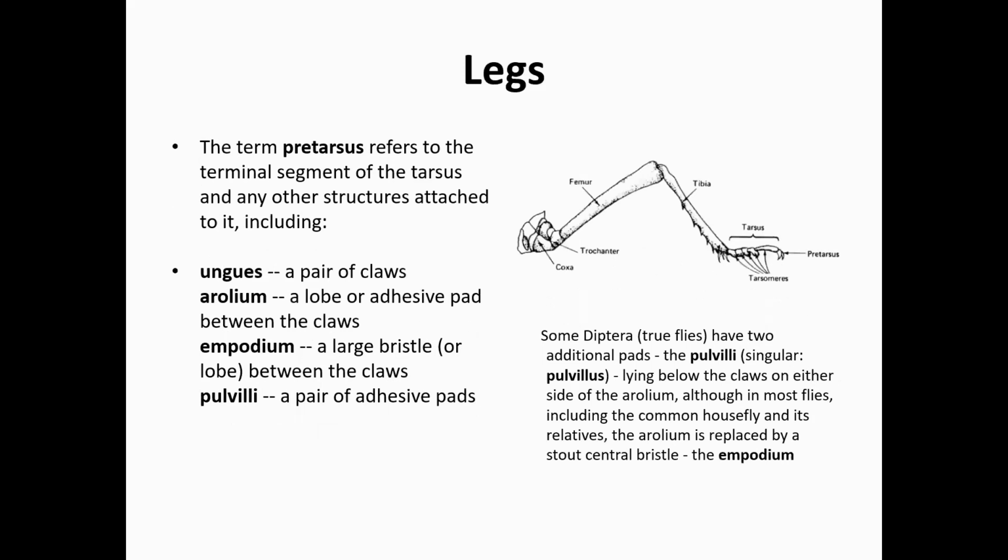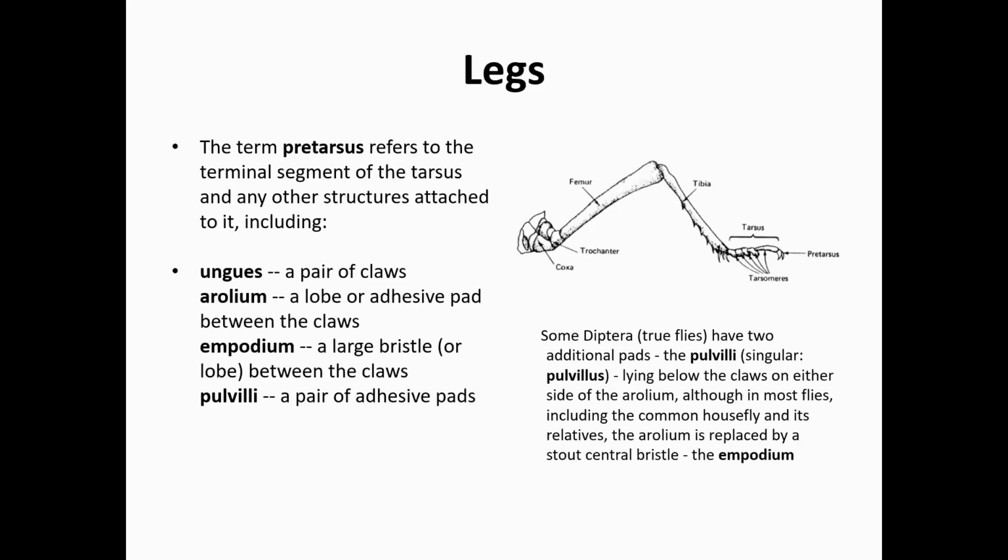Okay, the term pretarsus, the last segment of the leg, refers to the terminal segment of the tarsus, and it also includes any other structures attached to it. Mainly they include a pair of claw-like structures, a pair of claws known as unguis, and arolium, a lobe or adhesive pad between the claws, between those hook-like structures.